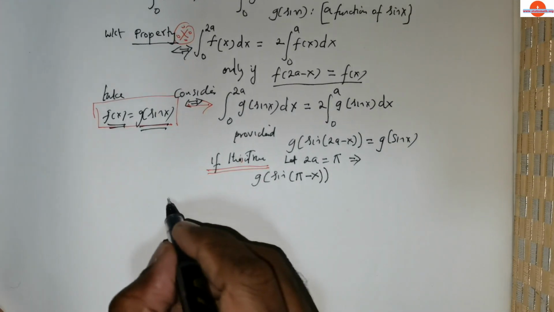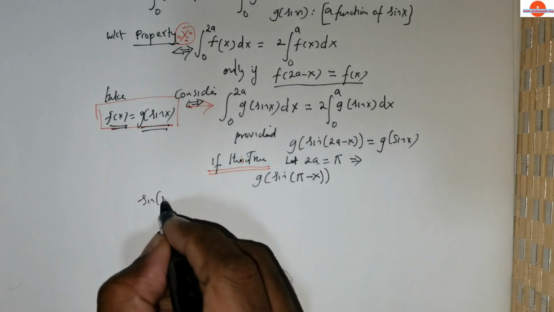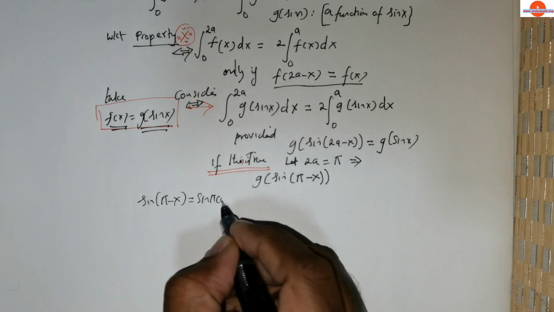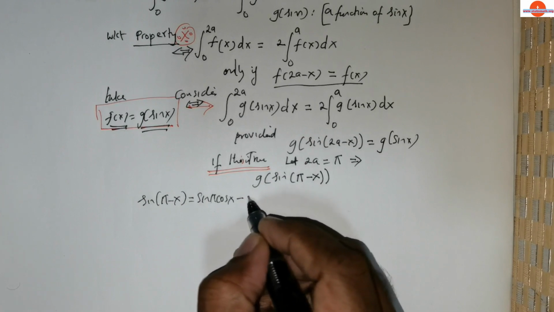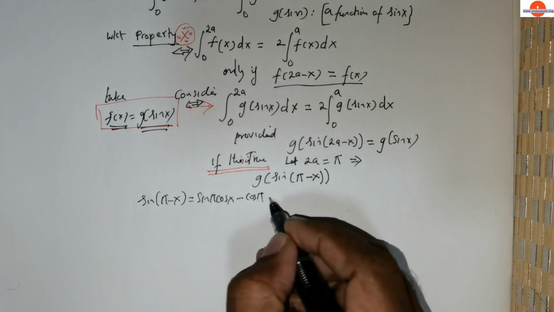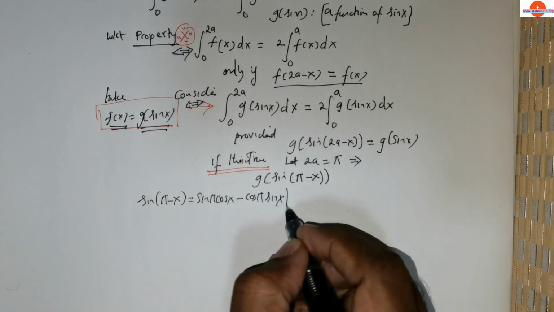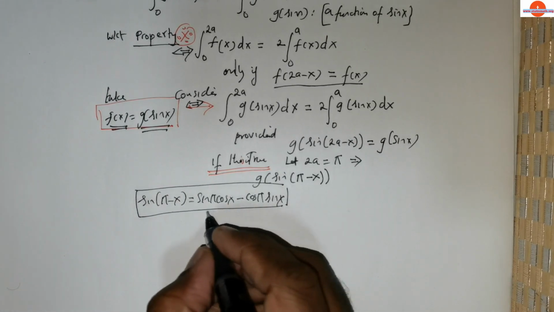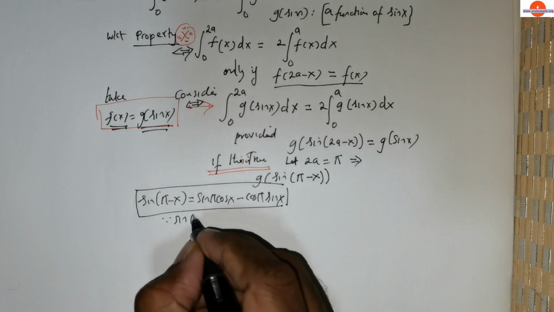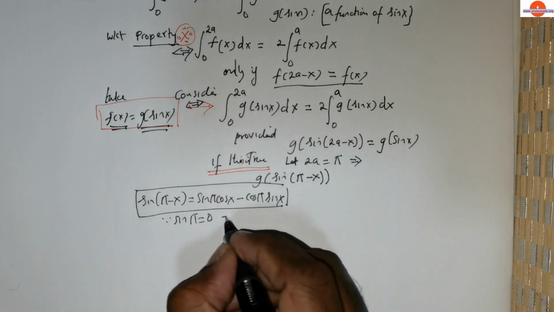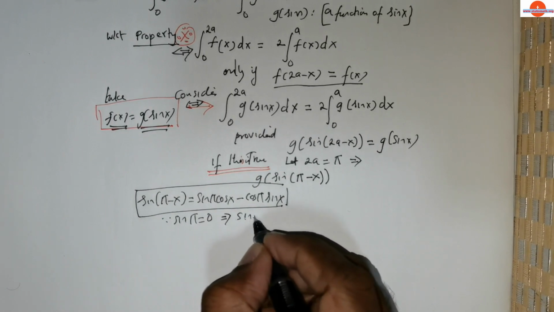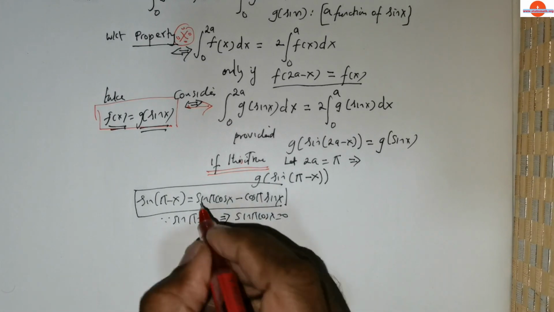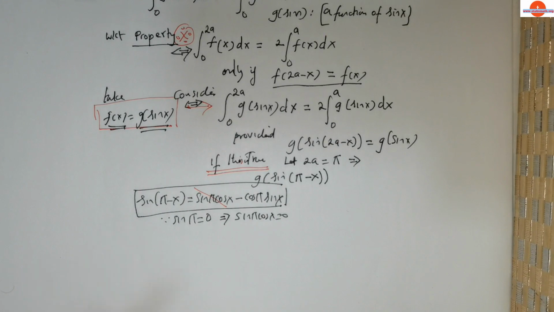Now you know that sine of pi negative x is going to be sine pi cos x negative cos pi sine x, right? We know this formula. But sine pi is equal to 0. So this implies sine pi cos x will become equal to 0. So this one is off.